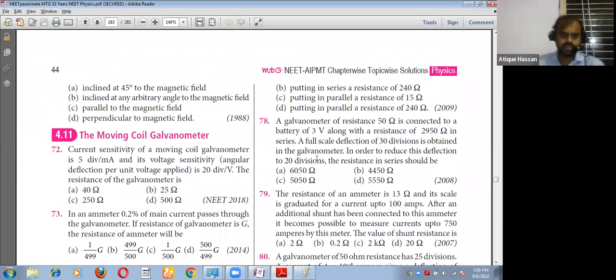So let us do question number 72, a NEET 2018 question.